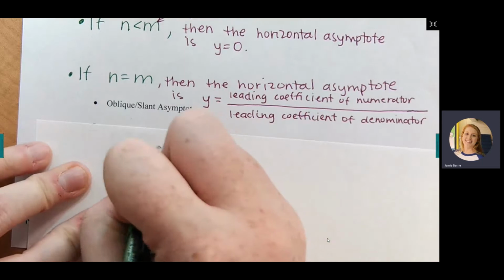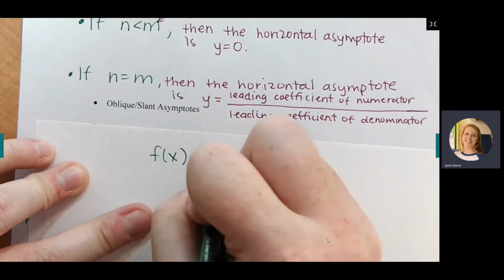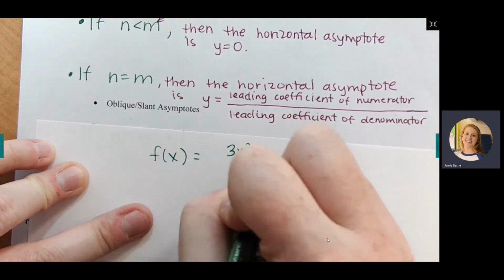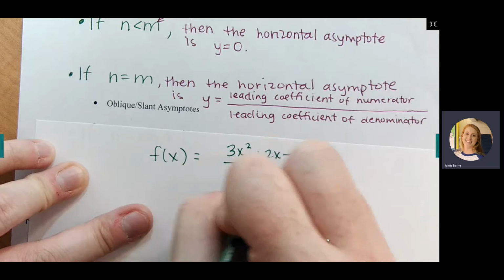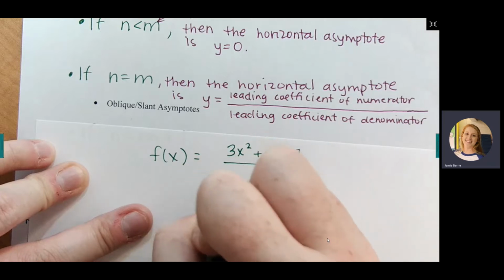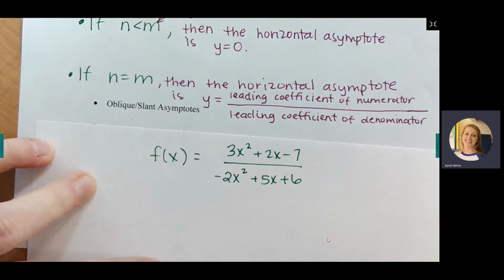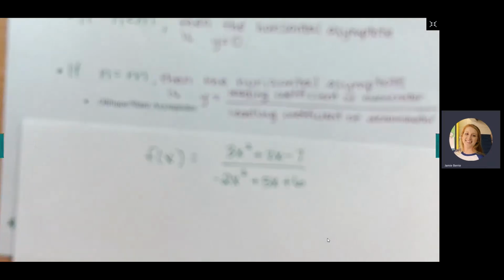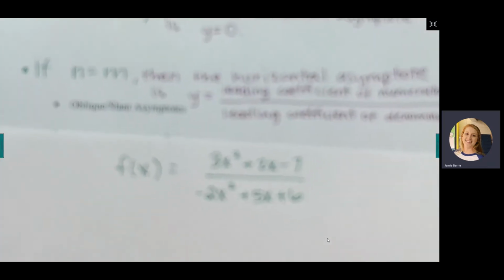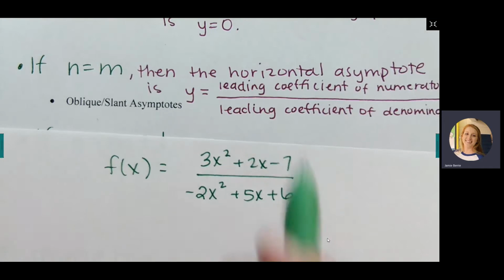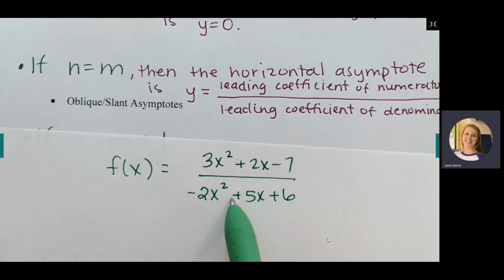So let's say we have f of x equals 3x squared plus 2x minus 7 over negative 2x squared plus 5x plus 6. Just made those up. There's nothing special about these. Well, I guess the only thing that's special is that notice that the degree of the top is the same as the degree of the bottom. Degree is the highest exponent, so these have the same degree.